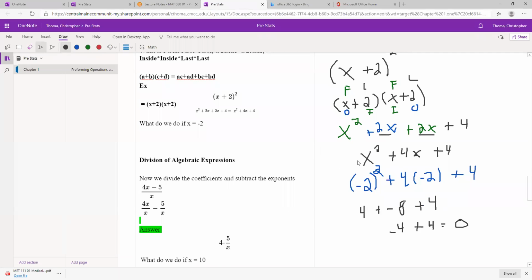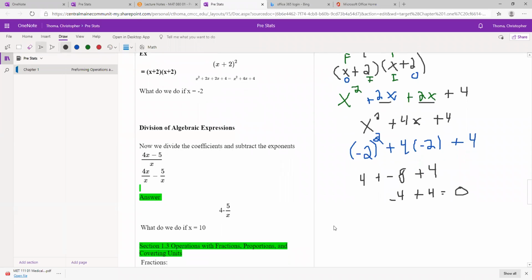And the reason I caution people with their calculators with these negatives is because if I have -2 squared, what this really means, this means -1 times 2 times 2, which is -4.